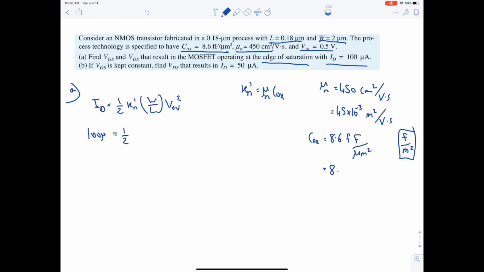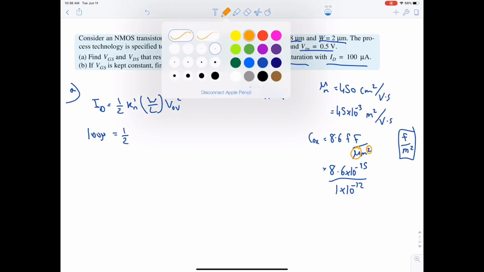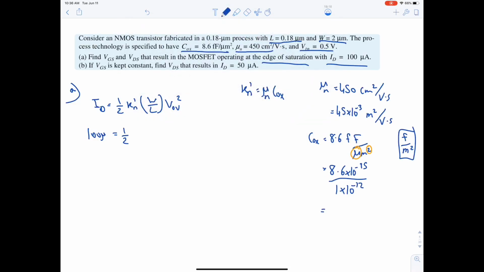Femto is equivalent to 10 to the minus 15, so 10 to the minus 15 divided by 1 times 10 to the minus 12. Why minus 12? Because here we have a micro and it's squared. Minus 6 squared is 12. Because it's power. That's why we multiplied. So this will give us 8.6 times 10 minus 3 farad over meter square.